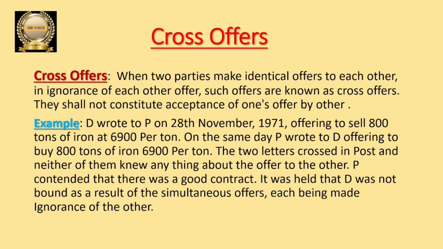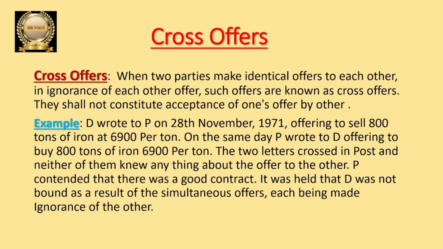So both wanted to do the same thing, but in ignorance of each other's offer, they made the offer on the same day. The two letters crossed in the post, and neither of them knew anything about the offer to the other. And P contended that there was a good contract.